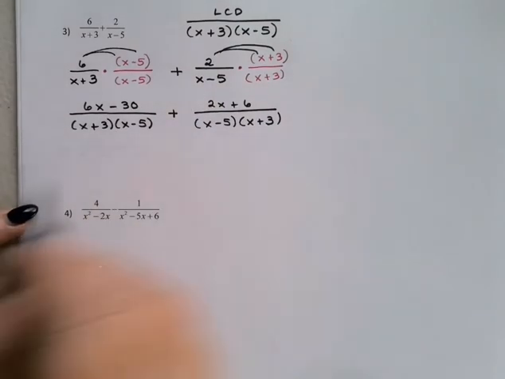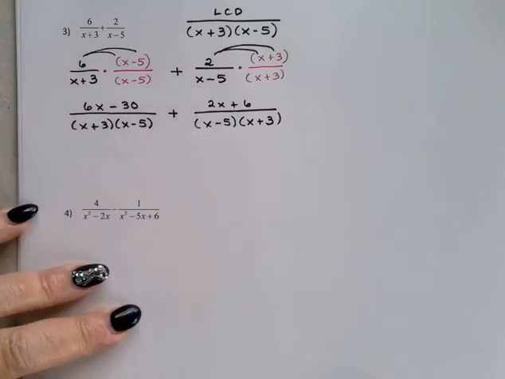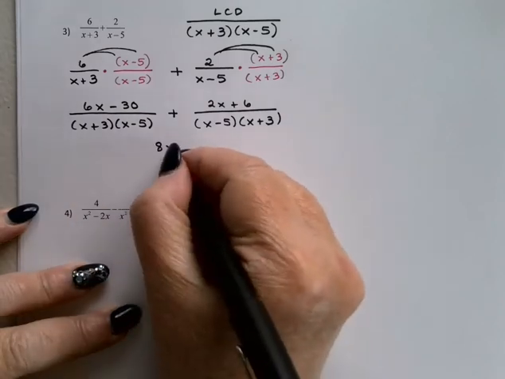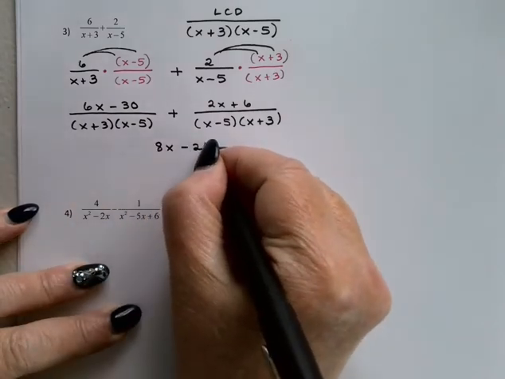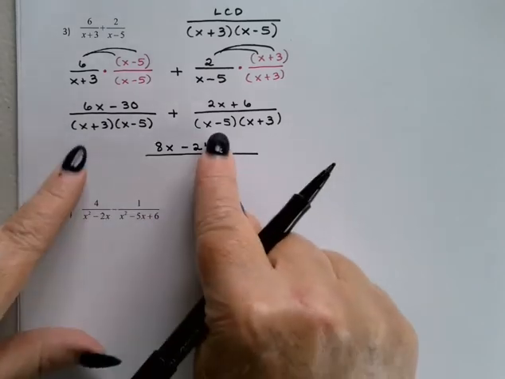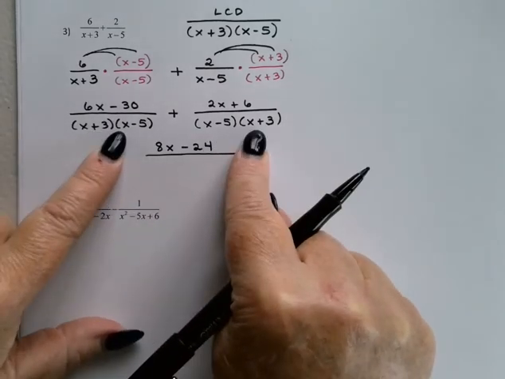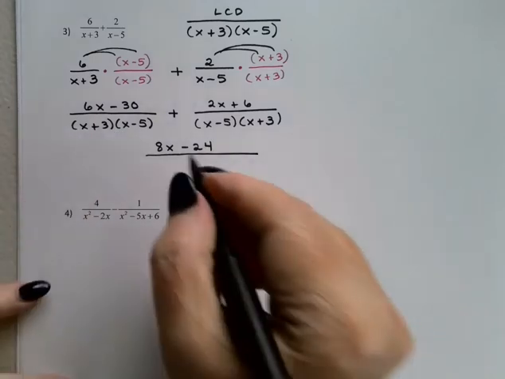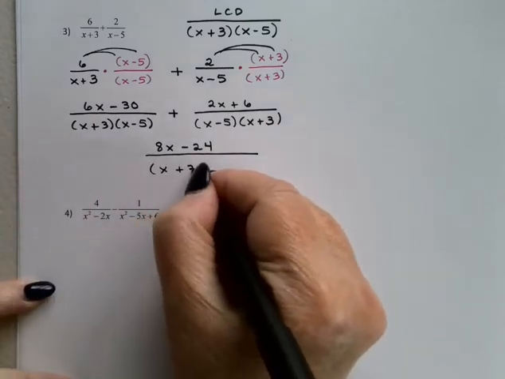Now that I've got a common denominator, it's okay to combine my like terms. I'll have 8x minus 24 over the LCD. And by the way, the order that the factors are written in really doesn't matter. So just pick one.